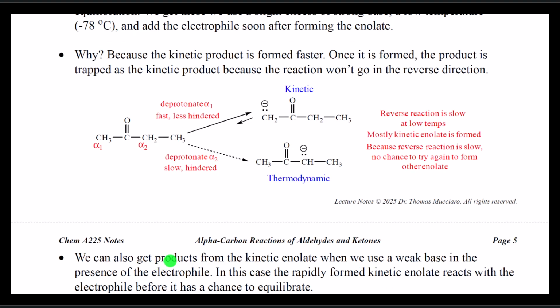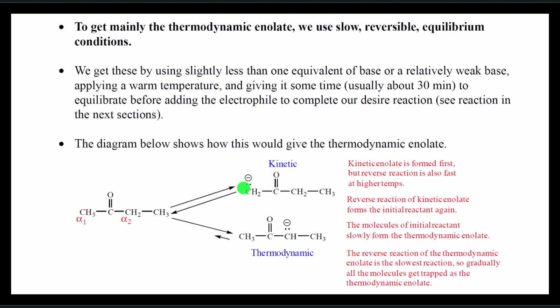If we react the enolate with an electrophile, we can also get products from the kinetic enolate when we use a weak base, but have the electrophile already present. In this case, the rapidly formed kinetic enolate will react with the electrophile before the enolate has a chance to equilibrate. To get mainly the thermodynamic enolate, we use slow, reversible equilibrium conditions.